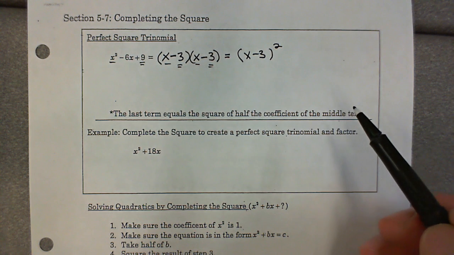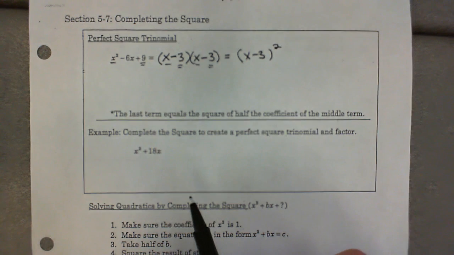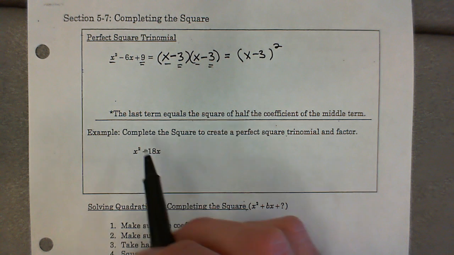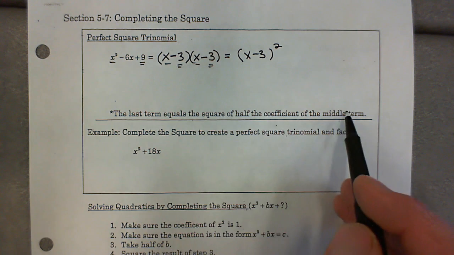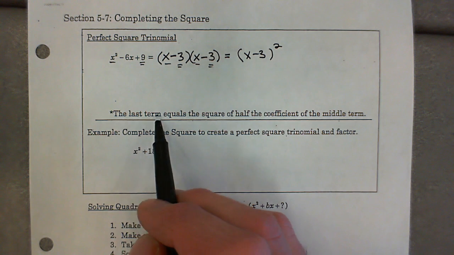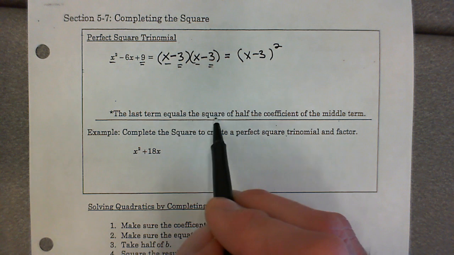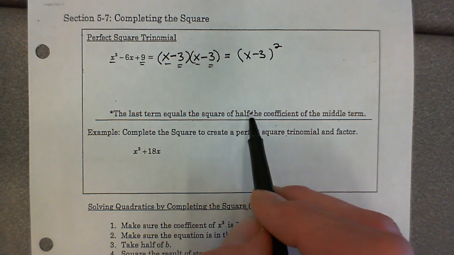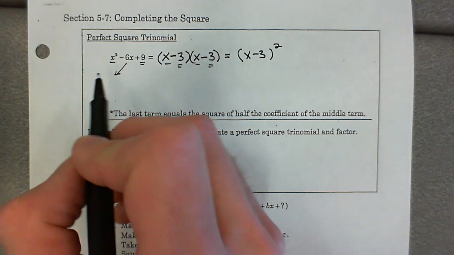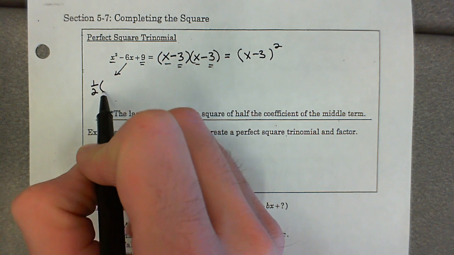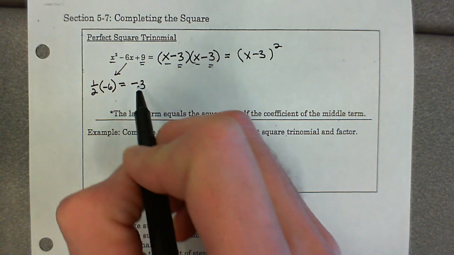Now, in order for us to be able to identify that this will actually be a perfect square trinomial, a certain condition needs to be met. And that condition would be the following here. The last term, which in this case is positive 9, will equal the square of half the coefficient of the middle term. So if you take this middle term here, and you take half of negative 6, you will get negative 3.